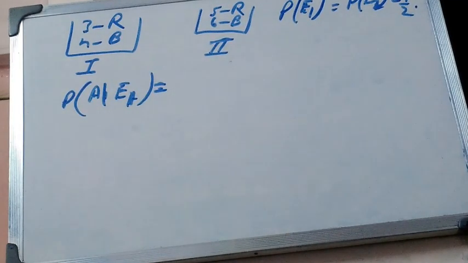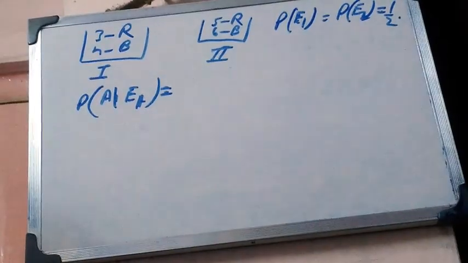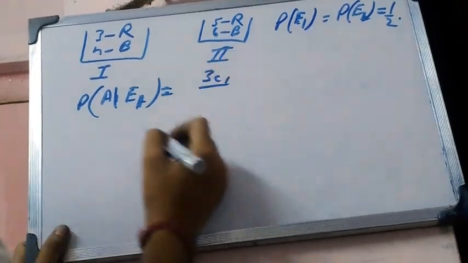Now, probability of A given E1: the probability of choosing a red ball, given that the bag was the first bag. In the first bag there are 3 red balls. We are choosing 1 red ball out of 3 red balls, so it will be 3C1 by total.